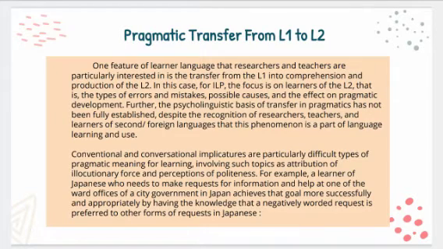A learner of Japanese who needs to make a request for information and help at one of the offices of a city government in Japan achieves that goal more successfully and appropriately by having the knowledge that a negative form of request is preferred to other forms of request in Japan.